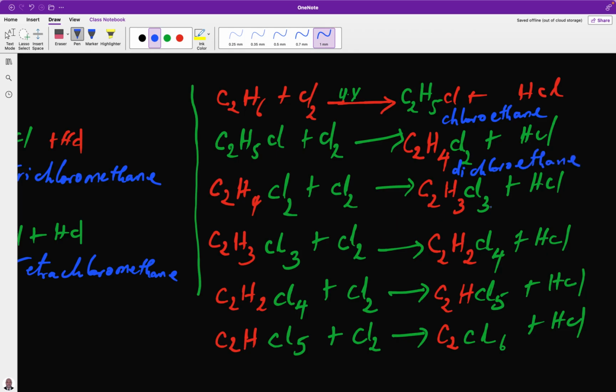Now, dichloroethane comes here, it will react and is being substituted. The hydrogen atoms are being substituted by the chlorine atom. The number of hydrogen atoms are decreasing, as they are decreasing from 6, 5, 4, 3, the chlorine atoms are doing what? They are increasing from 1, 2, 3.